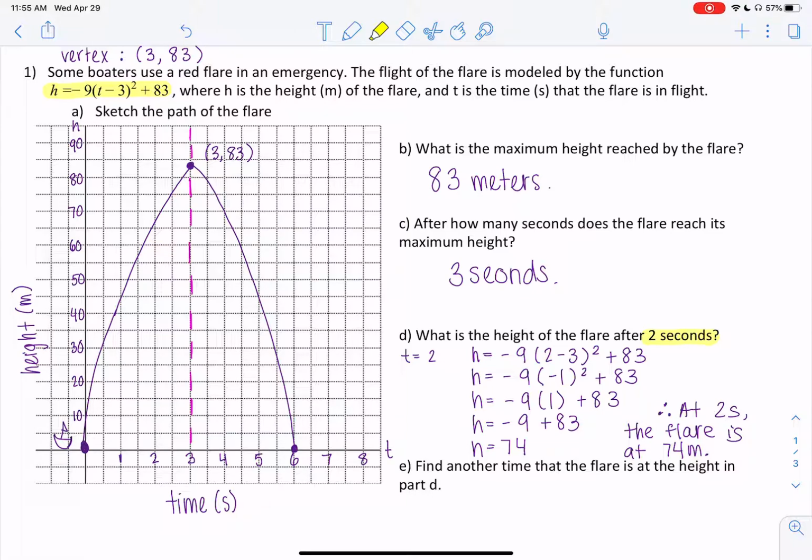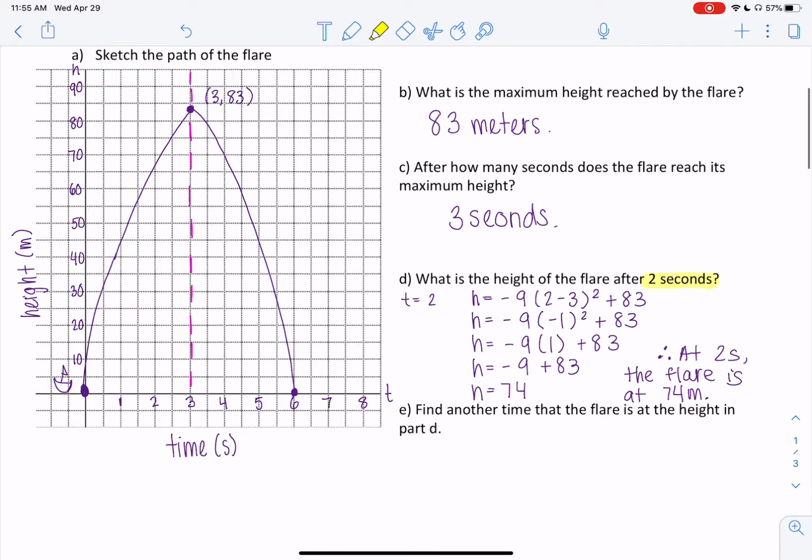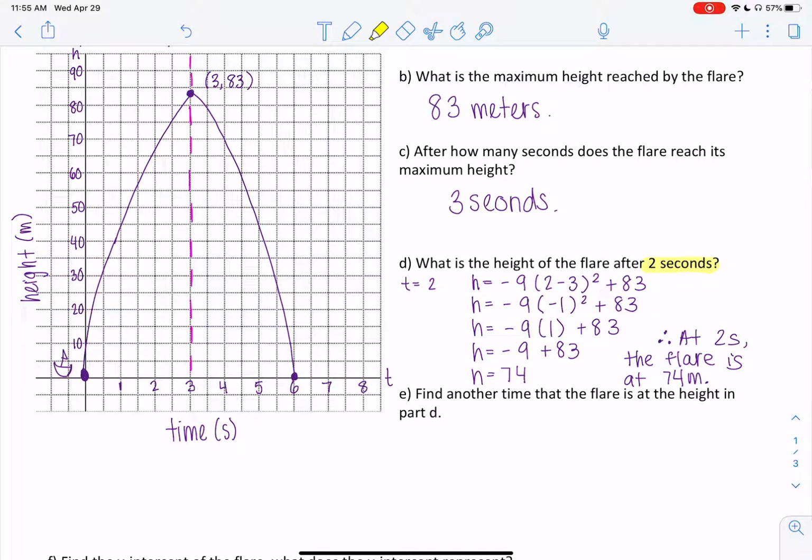Okay, so next what we want to do is we want to find another time that the flare is at a height in part D. So we want to find another time when it is at 74 meters. So what we're going to do is we're going to set H to 74 meters because we're trying to find the times when it's at 74 meters. And if I look here, it's a little inaccurate.